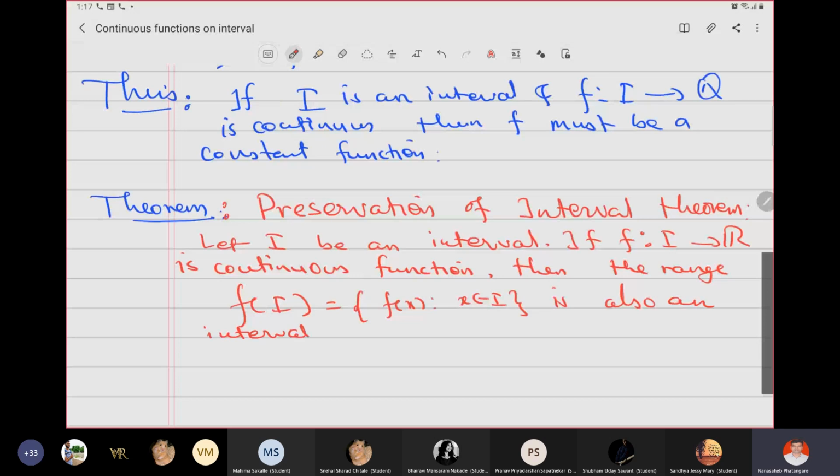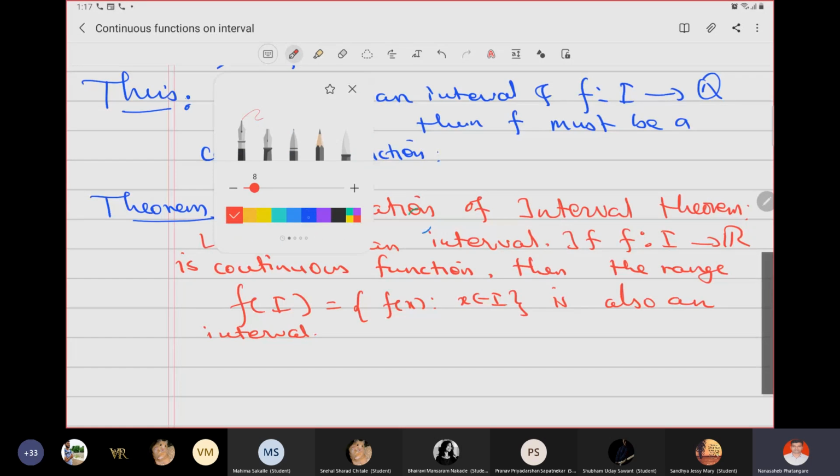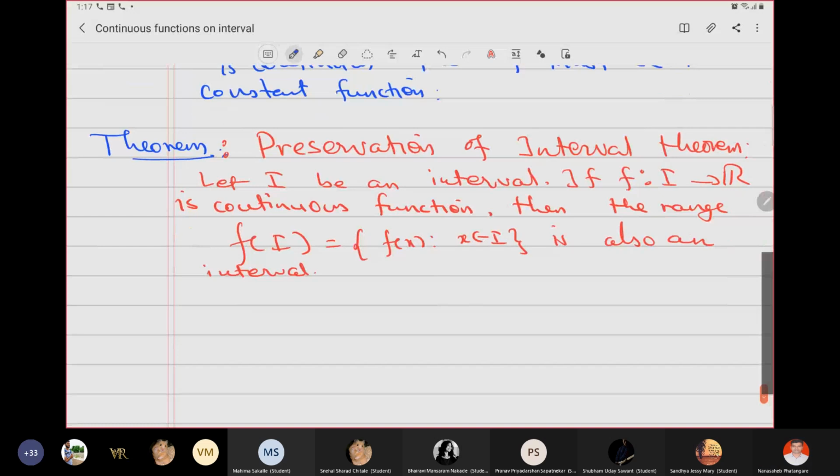Now what is the difference between this theorem and the previous theorem? Do you realize there is some difference? So here we are assuming that I is just an interval, maybe open, closed, no matter.